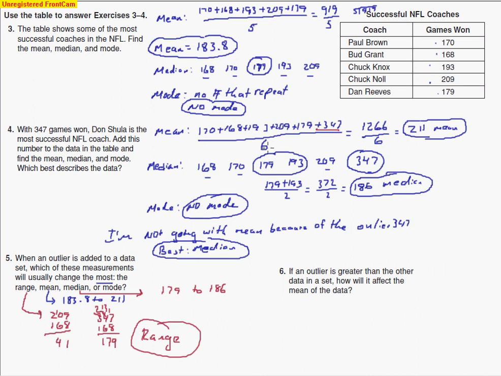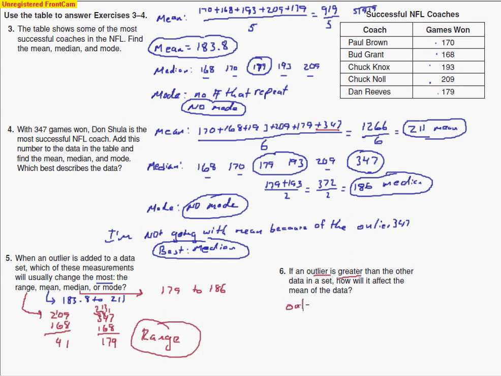We did have to divide by one number higher, which would seem to make the result a little smaller. However, because we added so much more, it actually increased the mean quite a bit. So whenever you add an outlier that's greater, it's going to increase the mean. So let's write that down.